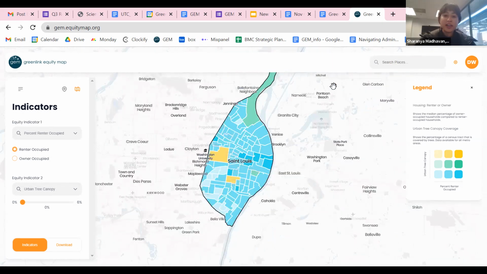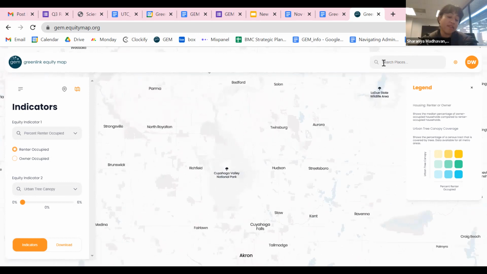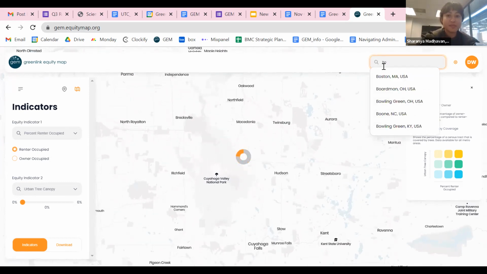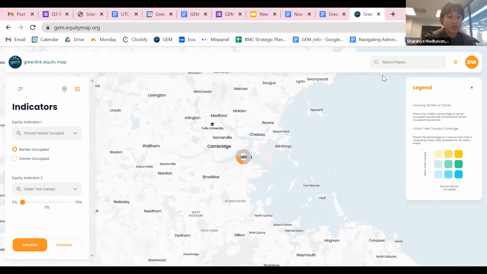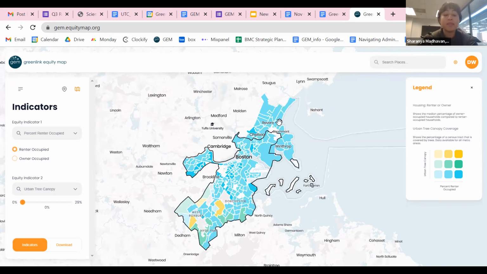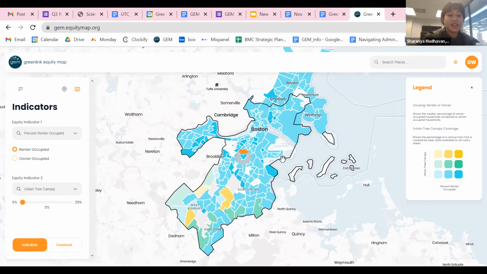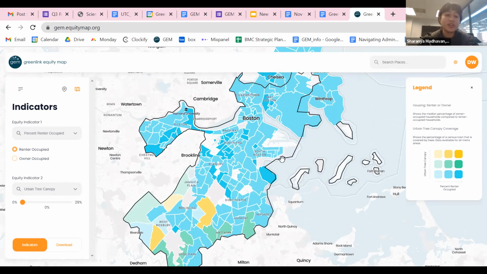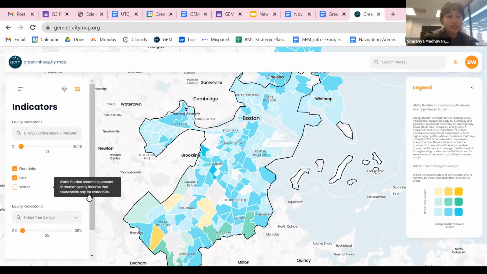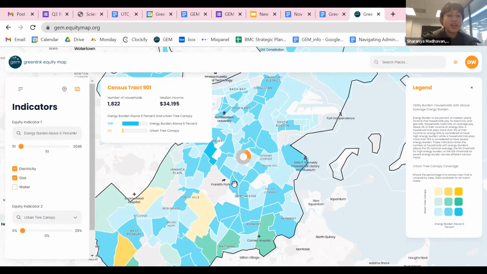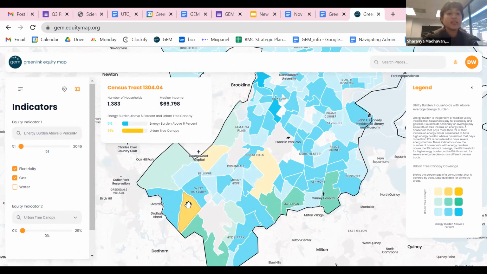So my group actually spent a little bit of time just playing around with the platform. A lot of people, it was their first time using GEM, so it's kind of helping them navigate the platform, starting from scratch there. But we did find that, Daniel, we overlaid energy burden and UTC for our group, and starting with energy burden, we realized that the southern part of Boston and kind of southwest Boston was really predominant in high energy burden areas.